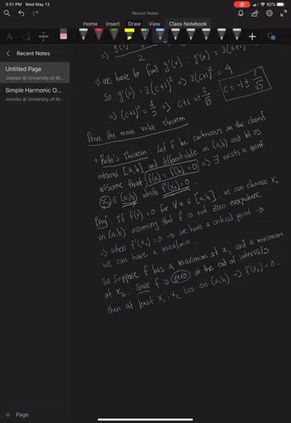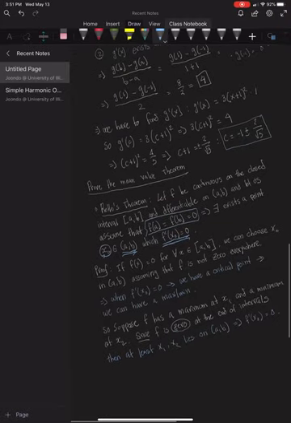Okay? So this is one special case of the mean value theorem, and this is the proof.